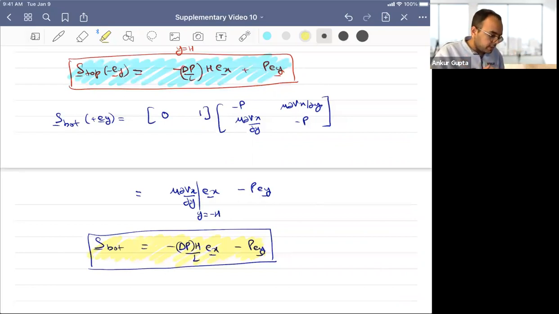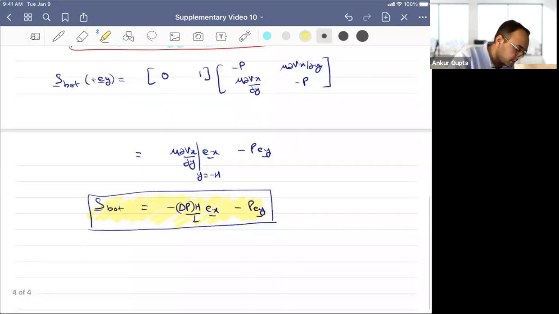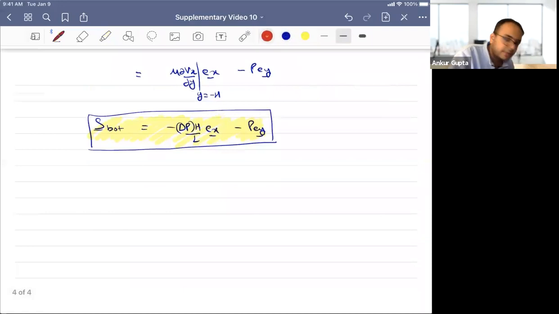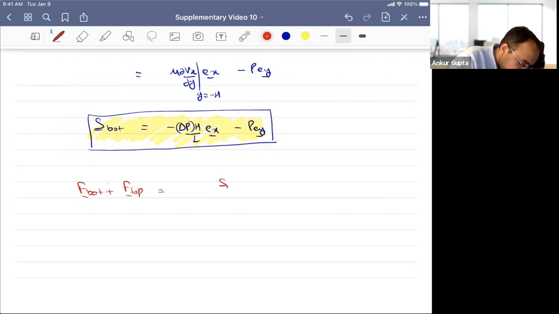Okay. And the reason I did this and did not directly calculate the force is because now our S top and S bottom become a bit easier, and because the dA is the same geometry, the dA will remain the same. So F bottom plus F top essentially could be S bottom plus S top dA integration. And what you will get out here is minus 2h into delta p by L dA.